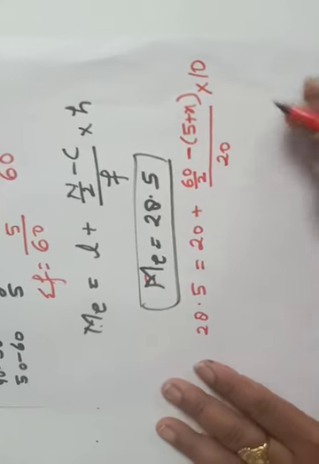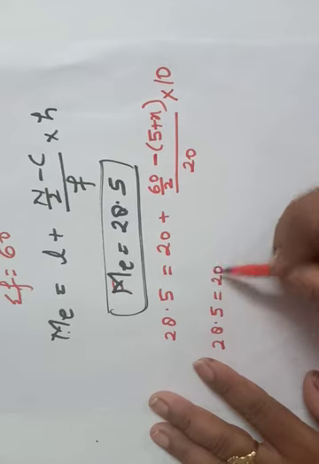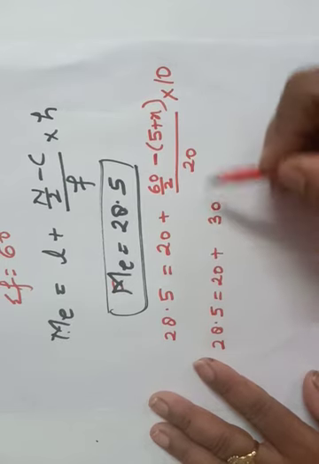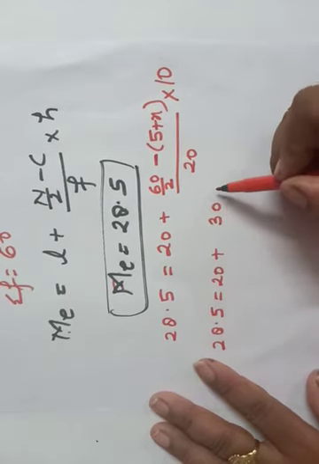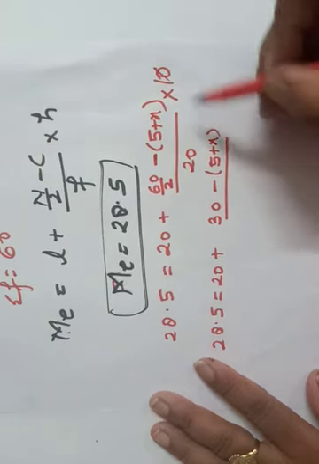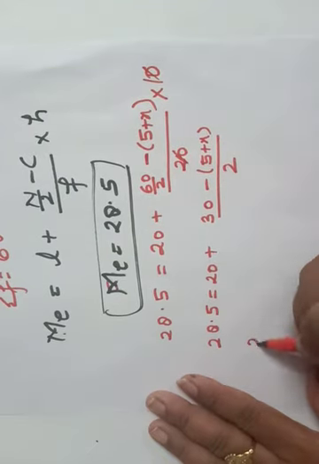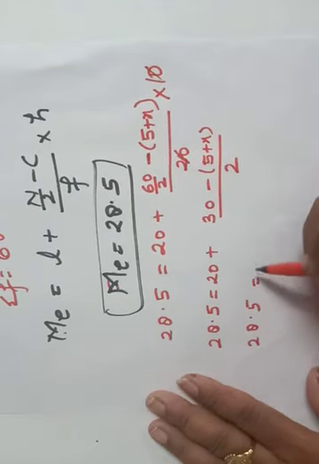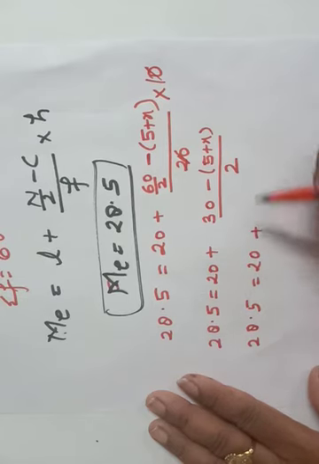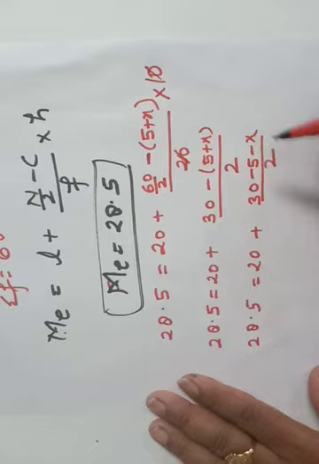Yes, so let's solve it. So 28.5 is equal to 20 plus 30 minus 5 plus x upon, 0 will be cancelled out, so it is equal to 2. So 28.5 is equal to 20 plus 30 minus 5 minus x, the whole upon 2.